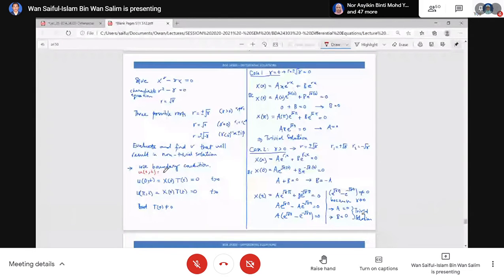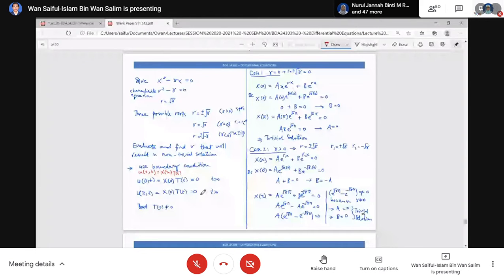So at x equals to 0, the value of u is equal to 0, and then at x equal to pi, the value of u is also equal to 0. Okay, right. So for this case, t cannot be 0 because it says here t more than 0.